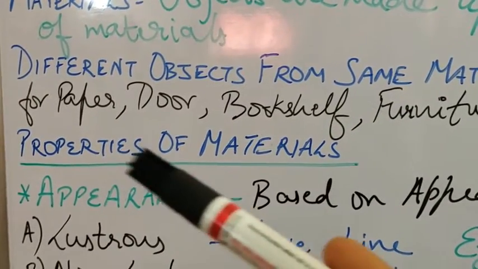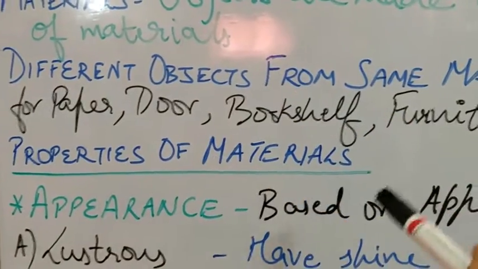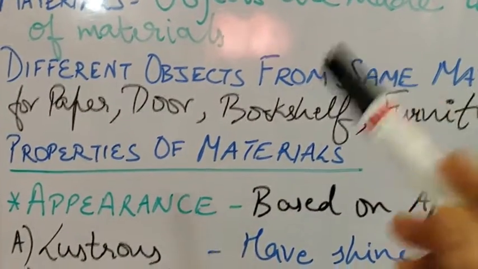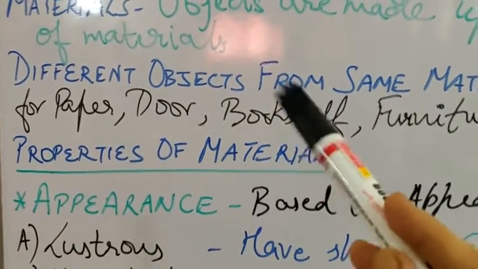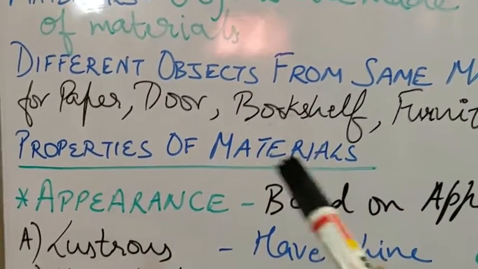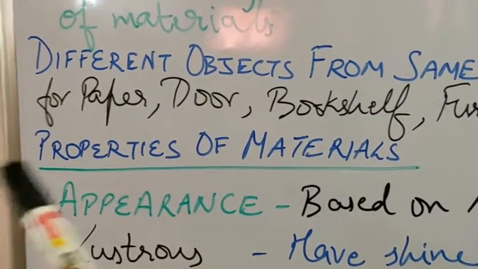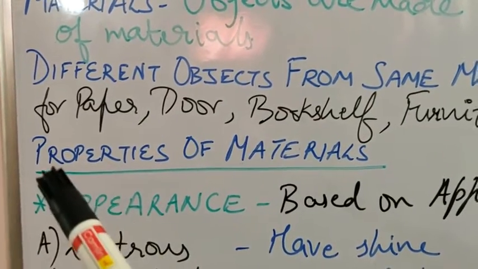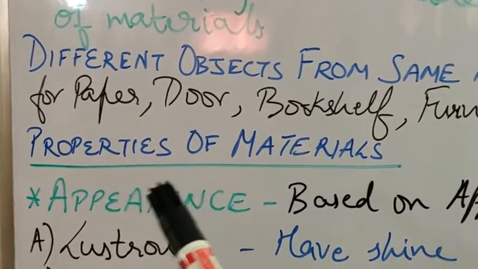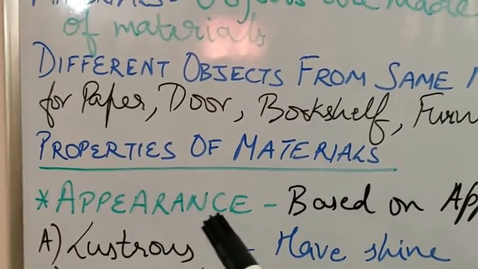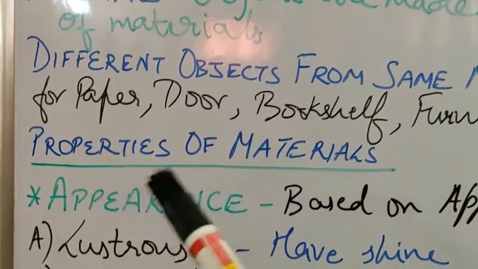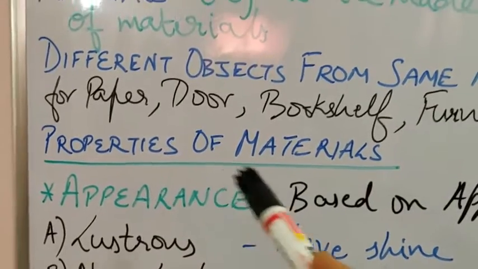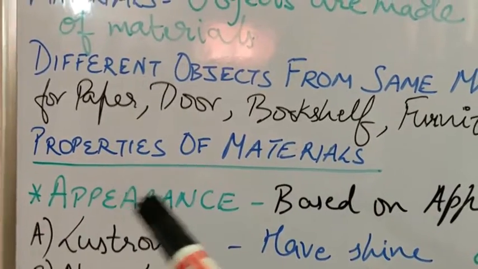So how do we decide which material will be used for making which object? It depends upon the property of the material. Suppose we make a container of paper and try to cook some food item in it, keeping it on a burner. What will happen?